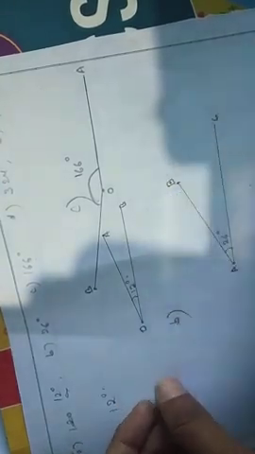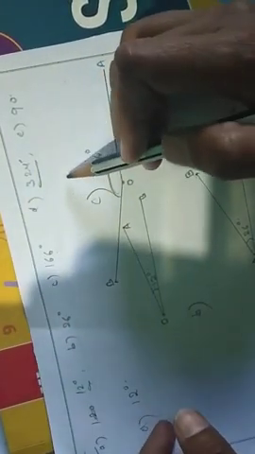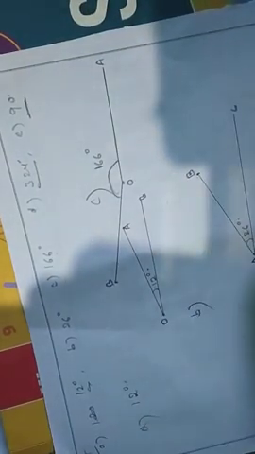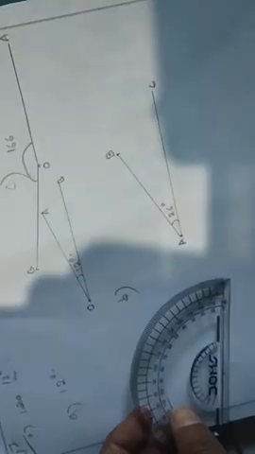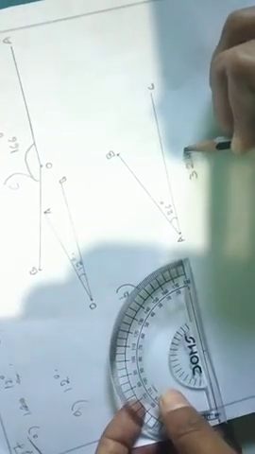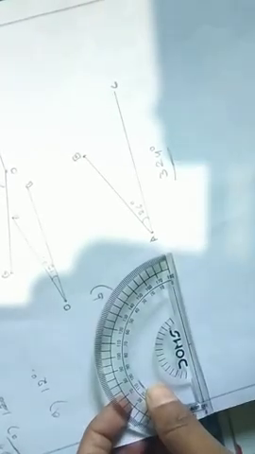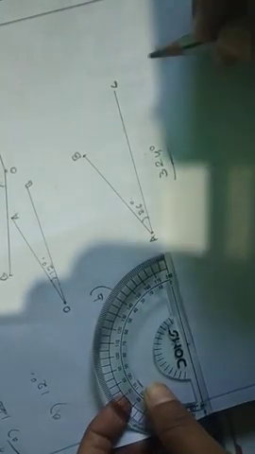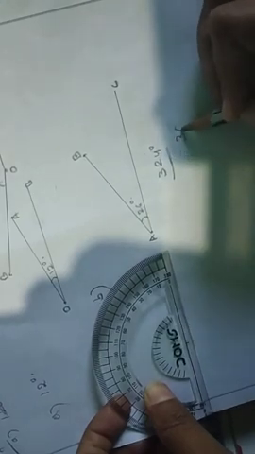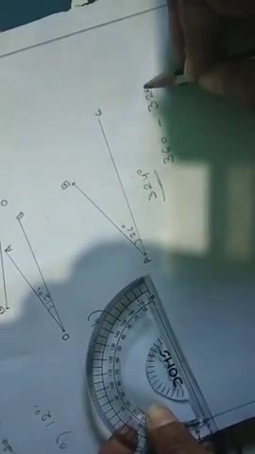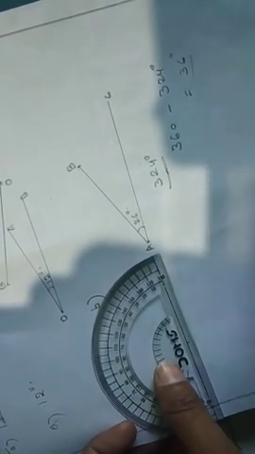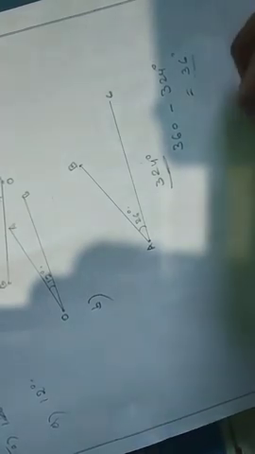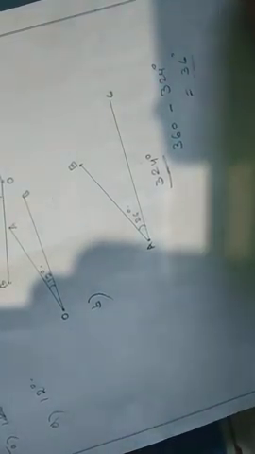Can you do the rest of the questions like 324 degree, 90 degree? How will you draw 324 degree? 324 degree is a reflex angle because it is more than 180 and less than 360. So first of all find its inside angle. Just subtract it, 360 minus 324, that is equal to 36 degree. So first of all we will draw 36 degree. Just see here how to draw 36 degree.